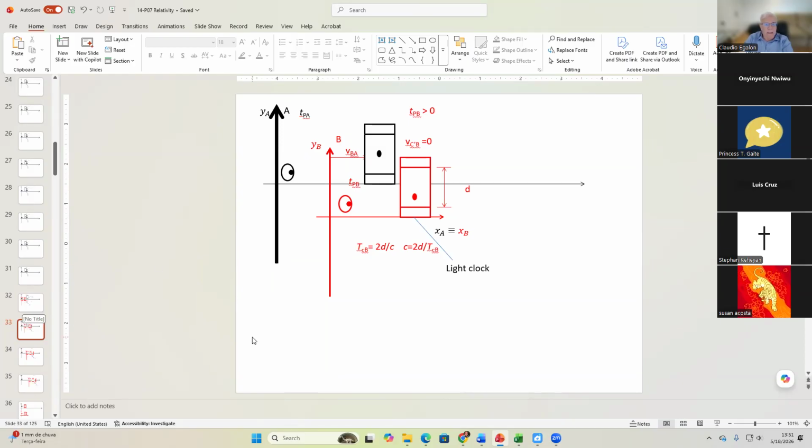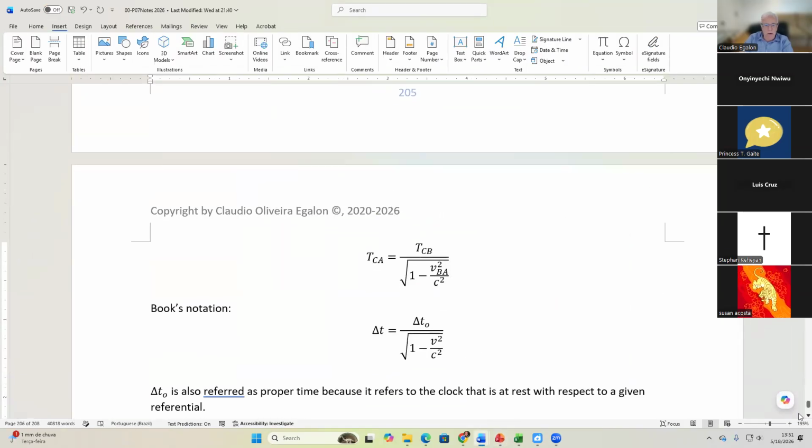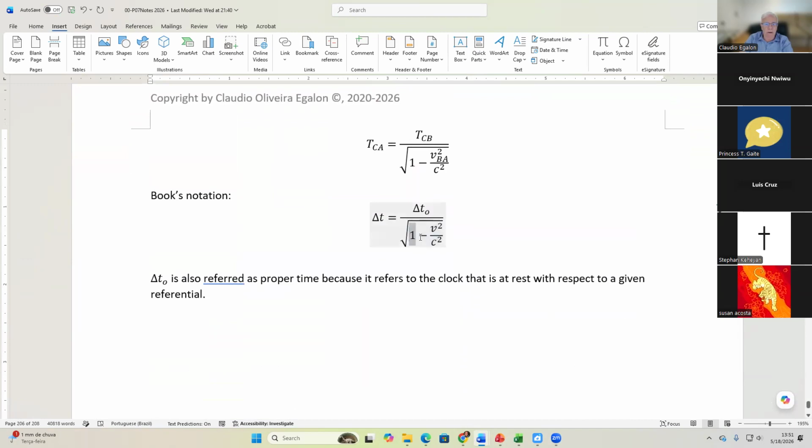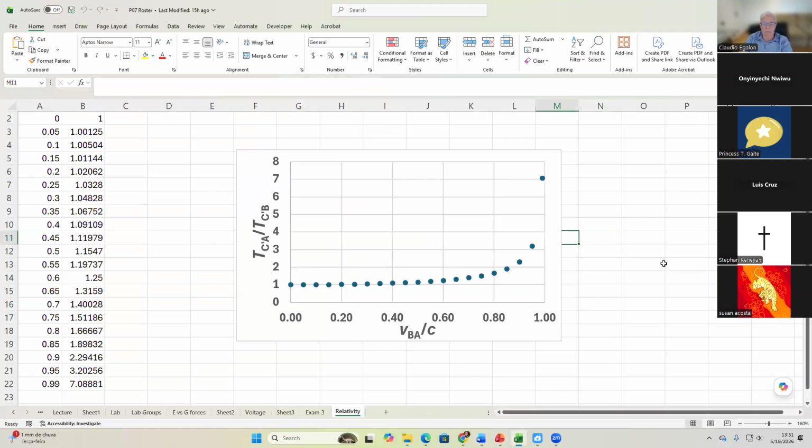And remember we have this term here that I already plotted for you, 1 divided by the square root of 1 minus v squared over c squared. Let's take a look. That's how it looks. Note that it goes asymptotically at the speed of light.